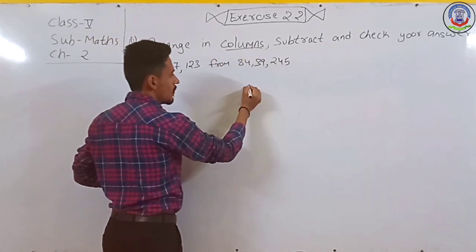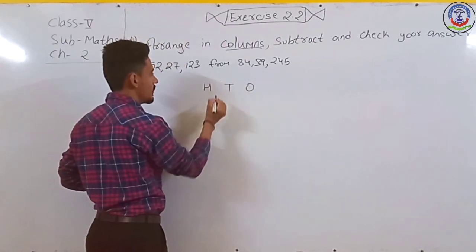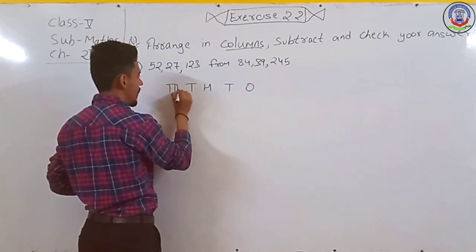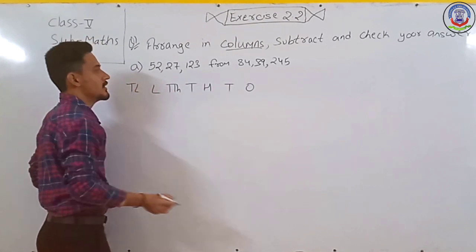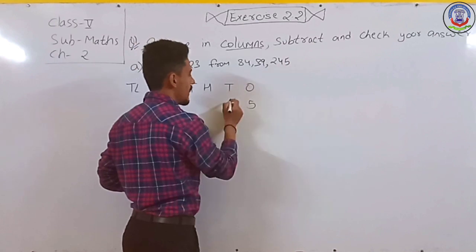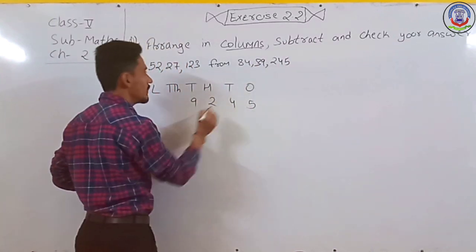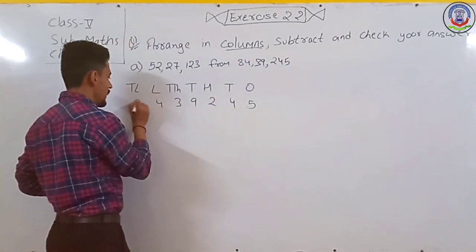So we have ones, tens, hundreds, thousands, 10,000s, lakh and 10 lakh. So we write 5 here, then 4, then 2, then 9, then 3, then 4, then 8.